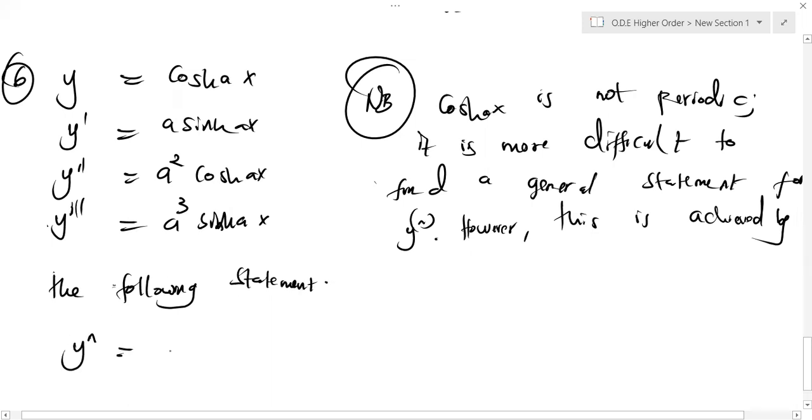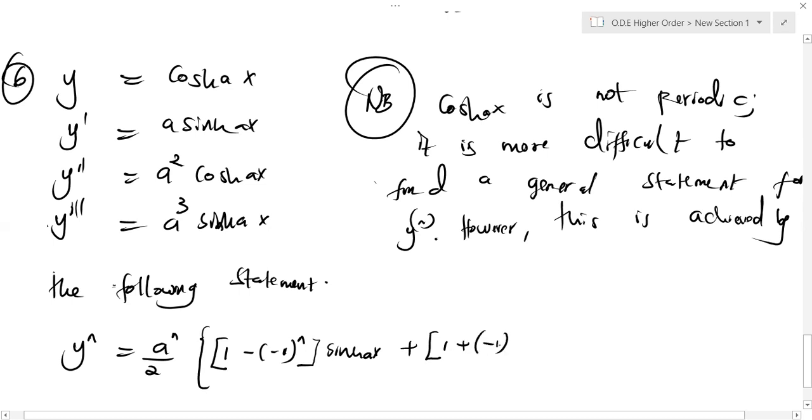So yn is equal to a^n over 2 into 1 minus 1 raised to the power n sine hyperbolic of ax plus 1 plus minus 1 raised to the power n cos hyperbolic of ax.